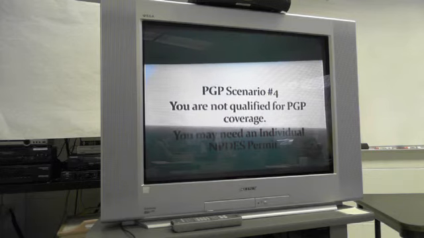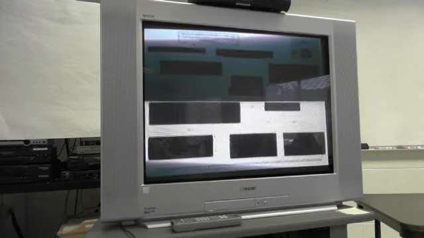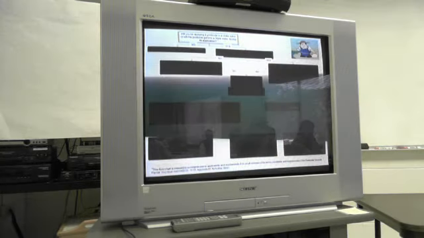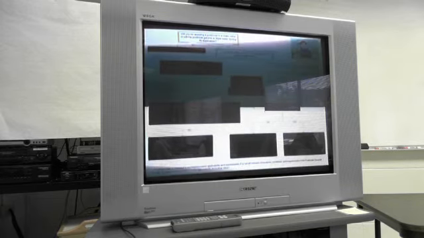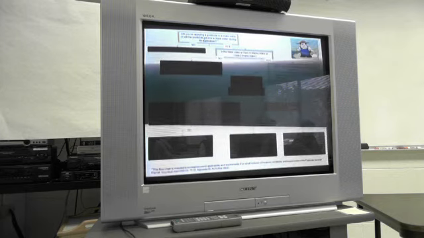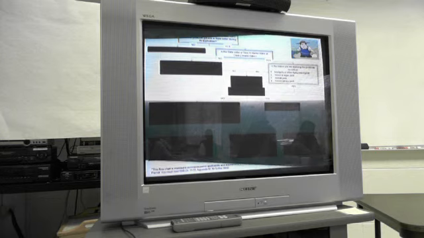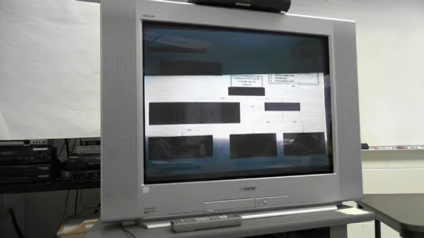If you will be applying pesticide to a state water, or your pesticide application will get into a state water, and your pesticide application will be in a Class A marine water or a Class 2 inland water, and your pesticide application does not fall under any of the pesticide usage patterns, you do not qualify for coverage under the Pesticide General Permit, and an individual NPDES permit may be required.